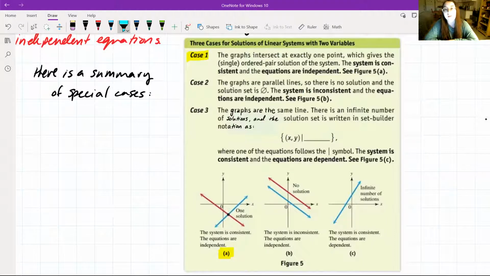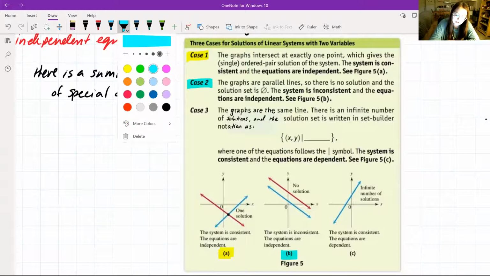This would be the case when your lines are parallel. Case 2 corresponds to our graph B. We see we have our 2 parallel lines. They'll never intersect, so we have no solution. The system is inconsistent because there is no solution, but the equations are still independent.